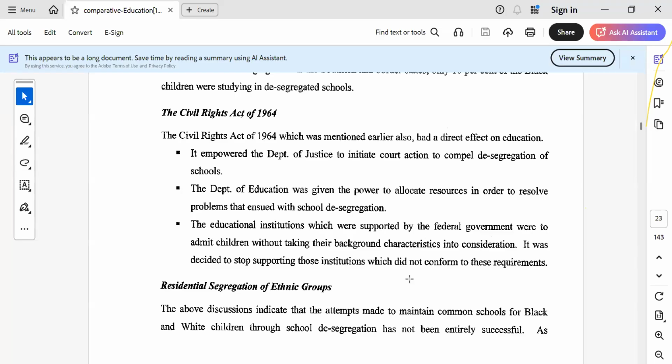Now they are trying to equalize the schools. Educational institutions which were supported by the federal government were to admit children without taking their background characteristics into consideration. So it was decided to stop supporting those institutions which did not conform to these requirements, right?